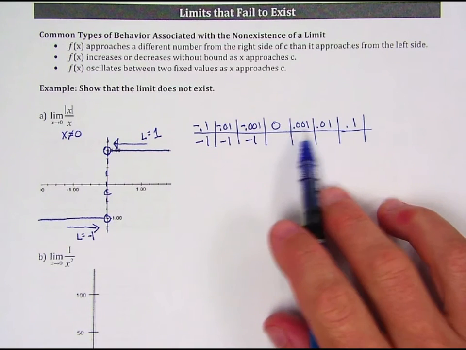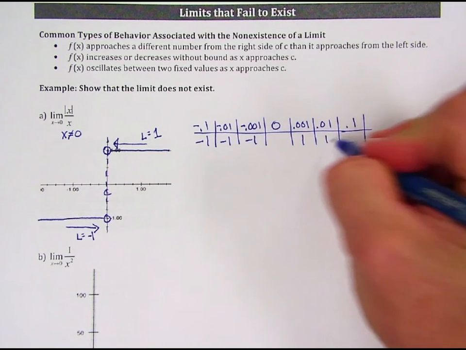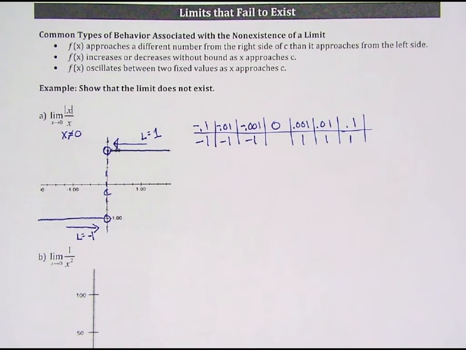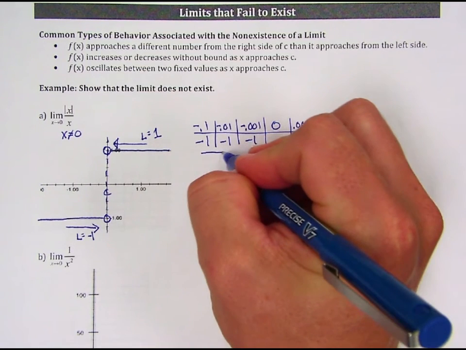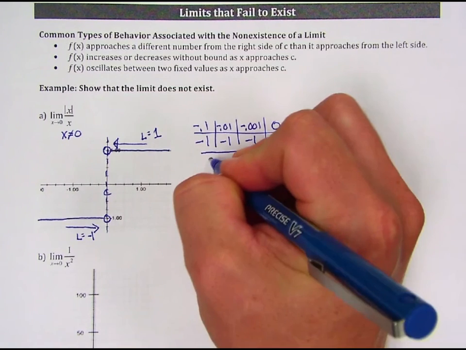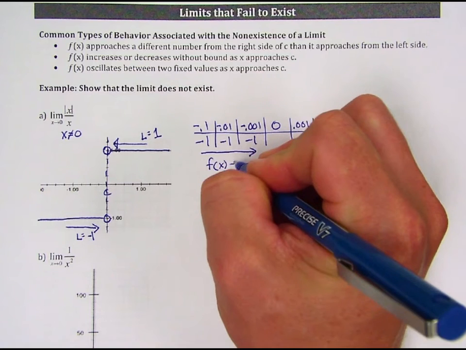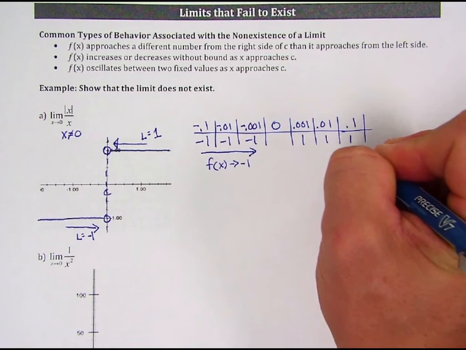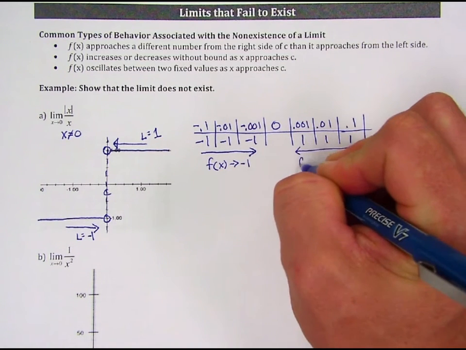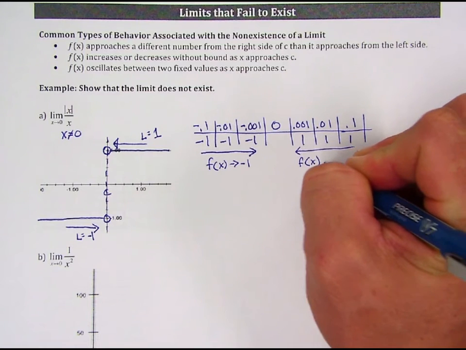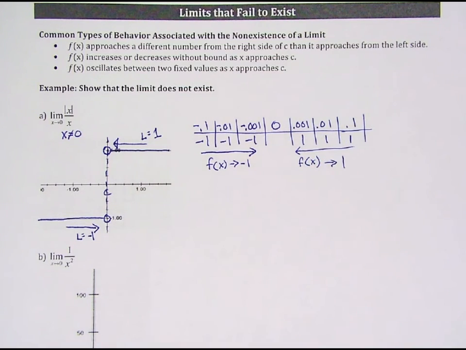Now if x is positive, then it's just going to stay +1. So you can see numerically from the left side, f of x is getting closer to -1, and from the right side, f of x is getting closer to +1.